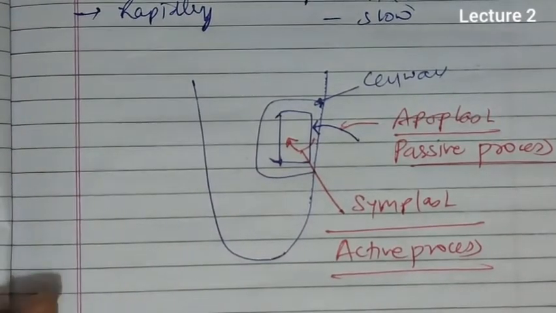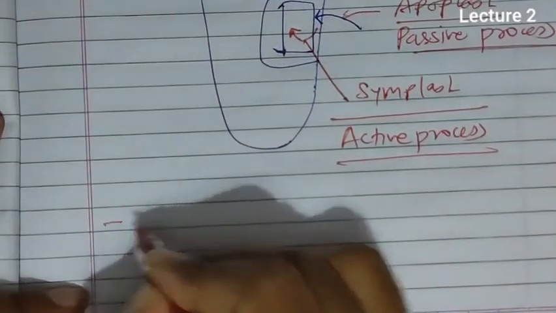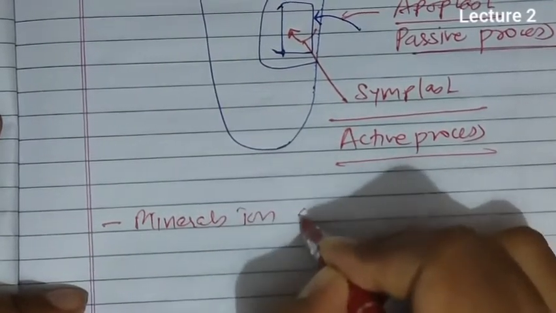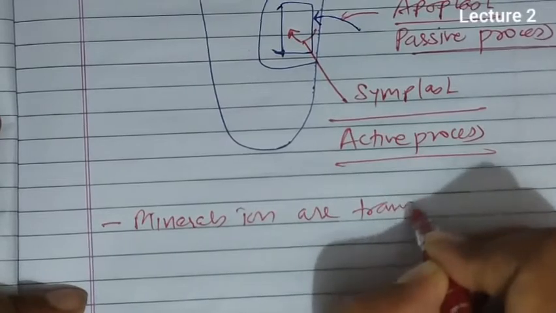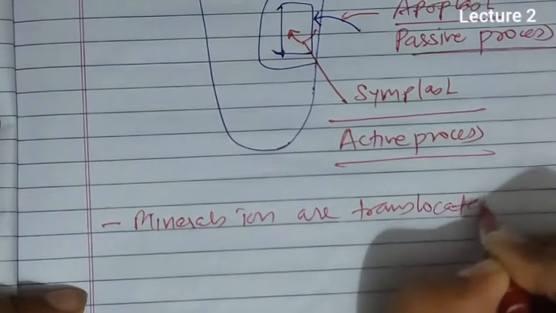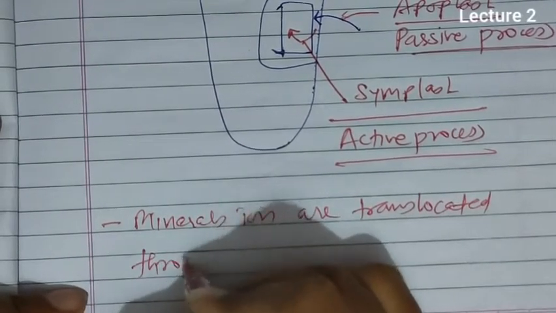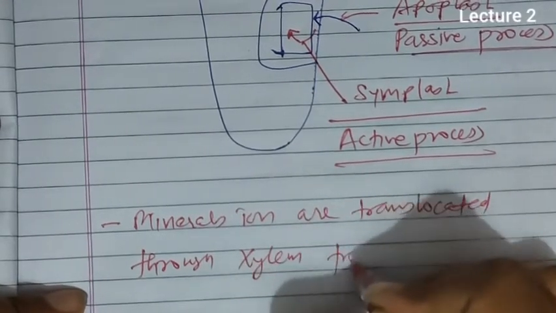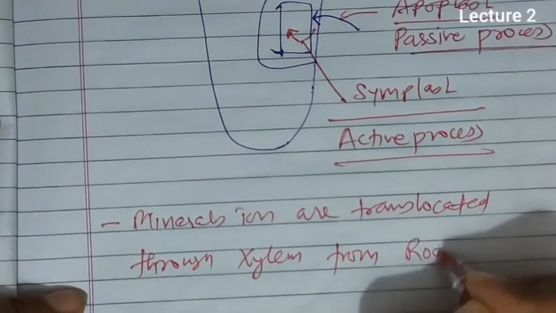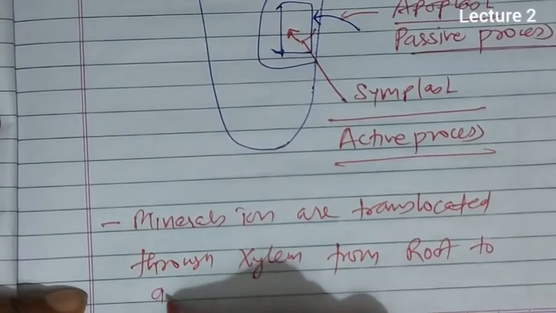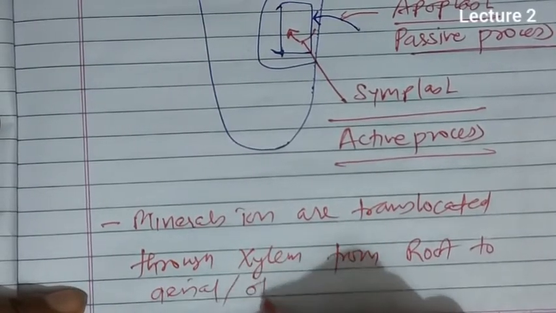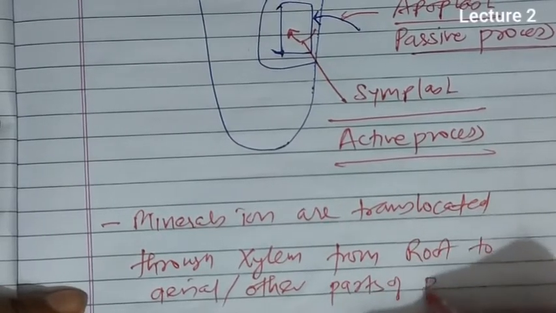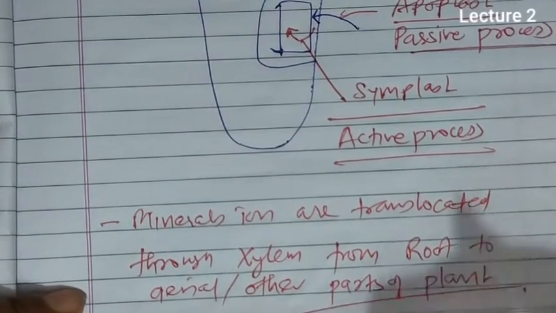Okay, so this is the thing of absorption of mineral ions. Now after absorption, mineral ions are translocated through xylem from root to aerial or other parts of plant.